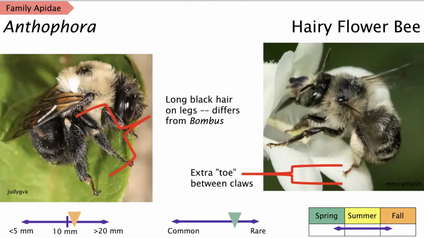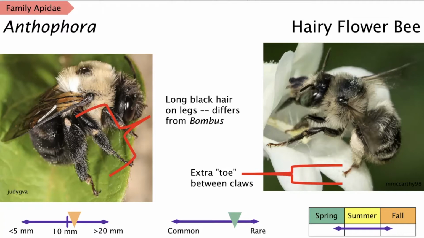So the big way to distinguish this from a bumblebee is that it has these long, hairy legs, compared to the bumblebees, whose legs are generally not very hairy and have this really large triangular section where the pollen collects. So you're looking for really hairy legs. It generally has really long hair overall.